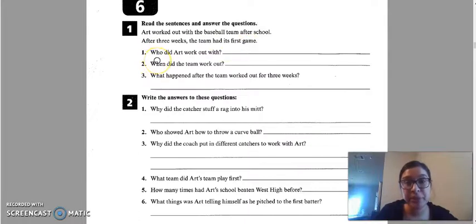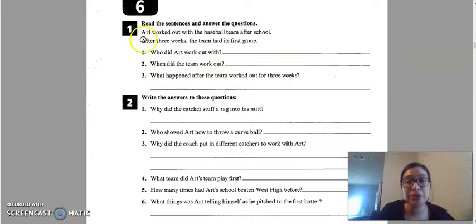Question 1. Who did Art work out with? Who? Go ahead and look at our 2 sentences where my circles are and find out who did Art work out with. Yes, he worked out with the baseball team. Question 2. When did the team work out? When?